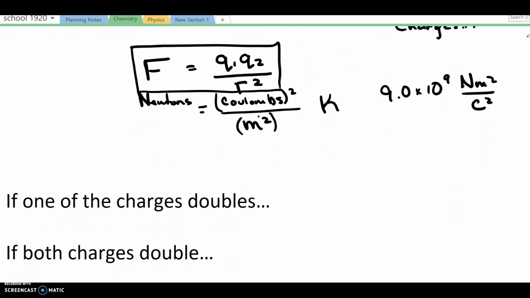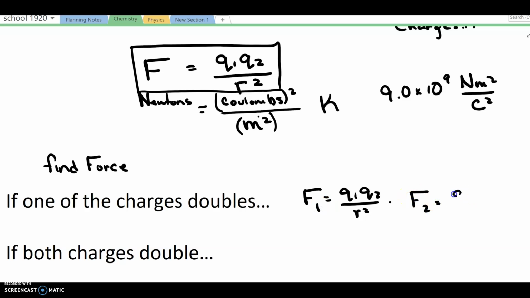You might be asked to find the new force if one of the charges is doubled, but you weren't told what the original charge was, and you aren't told the distance. Well, it means those variables all stay the same. There's only one thing changing. So if force is normally Q1 times Q2 over R squared, and now suddenly we have this new force where it's Q1 times 2 times Q2 over the same distance squared, what's different here?